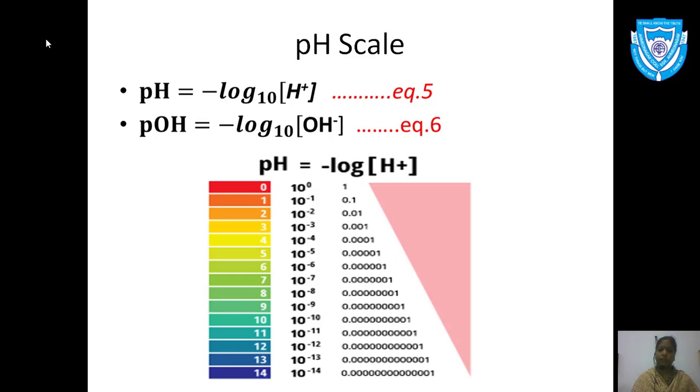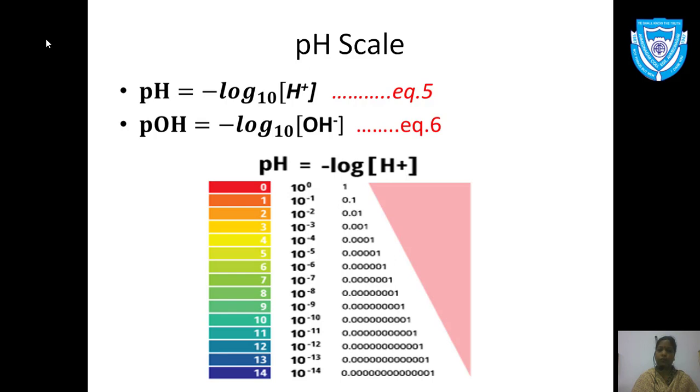Taking the second example, if the concentration of H plus is 0.1, it is converted into the power of 10, and becomes 10 raised to minus 1. So find out the minus log of 10 raised to minus 1. So it becomes 1. How does it become 1? The power will be that number, so it is minus 1.